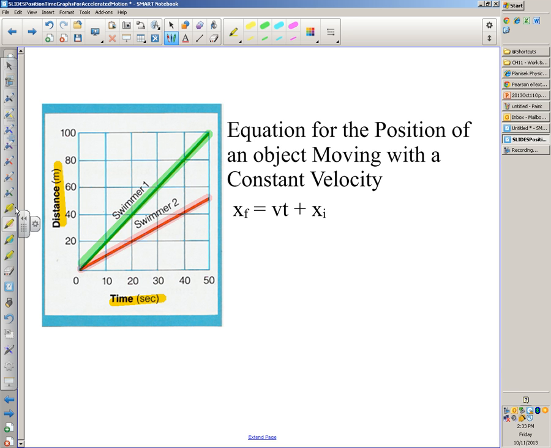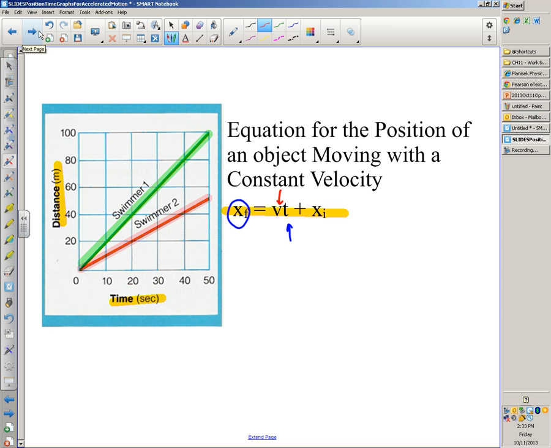And we also used that to come up with this equation, where this equation tells us where something is at any specific time, as long as we know how fast it's going. So it relates the location with the time and the velocity. Good there?